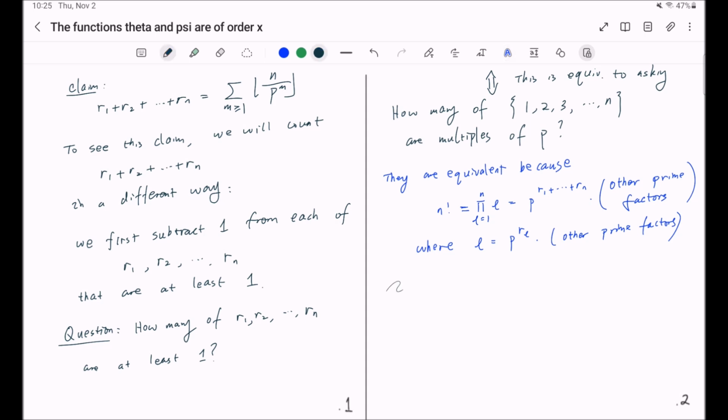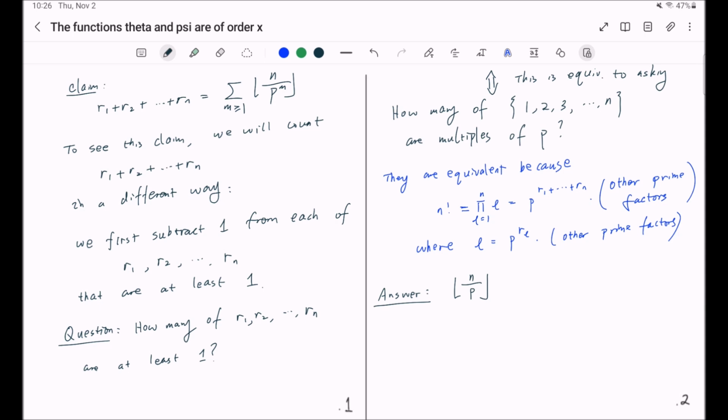Now, what is the answer to this question? How many integers here are multiples of p? You think about it a little bit, and you should realize immediately. They are precisely the floor of n divided by p many integers that are multiples of p. And now we're going to perform a surgery.